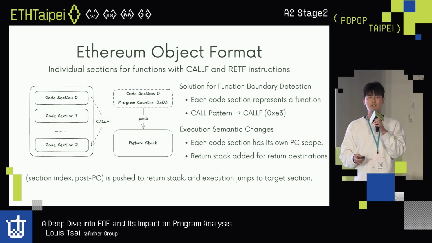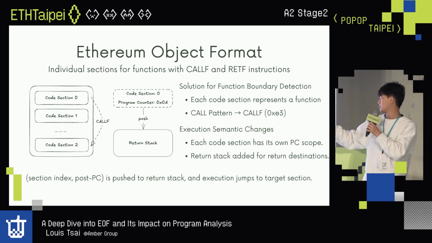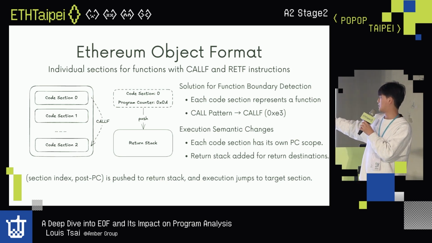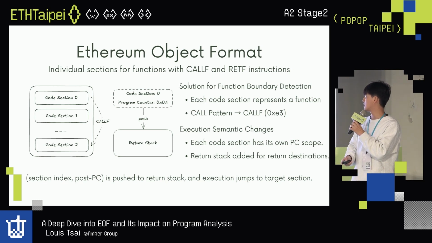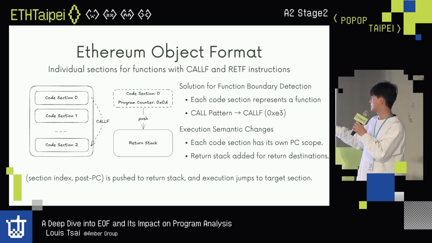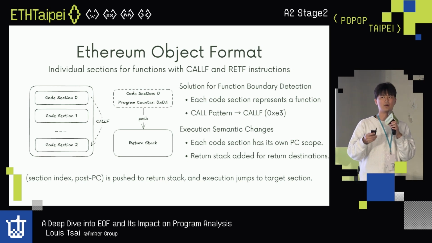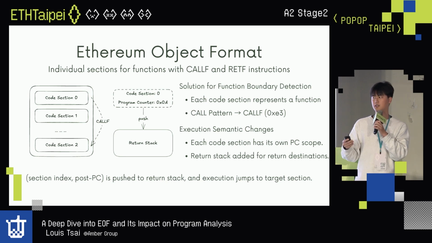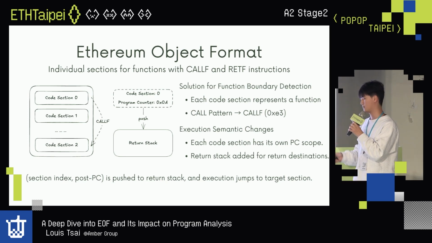When we perform the CALLF operation, these two items are pushed onto the return stack. The first one is the code section index. And the next one is the program counter after the CALLF operation. They are combined together and pushed onto the return stack.